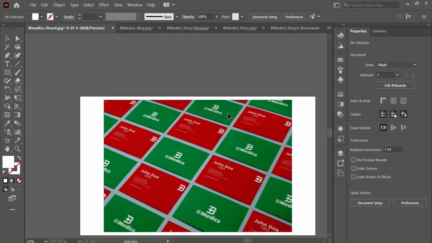When you're dealing with brand identity, you really need to make sure that every element is in correlation with each other, that is, they can relate with each other. So that's why the green and red come up as a color choice.